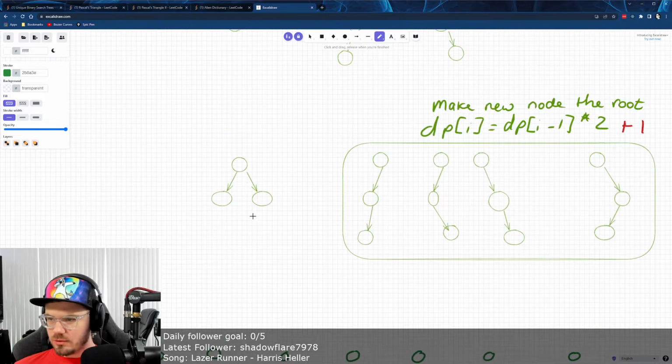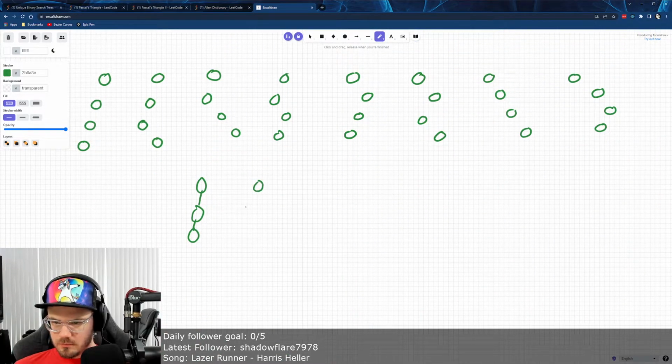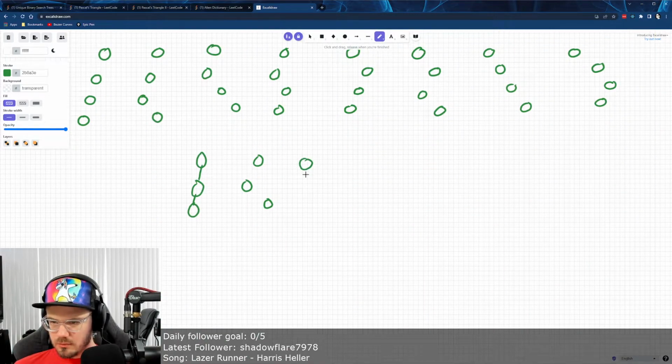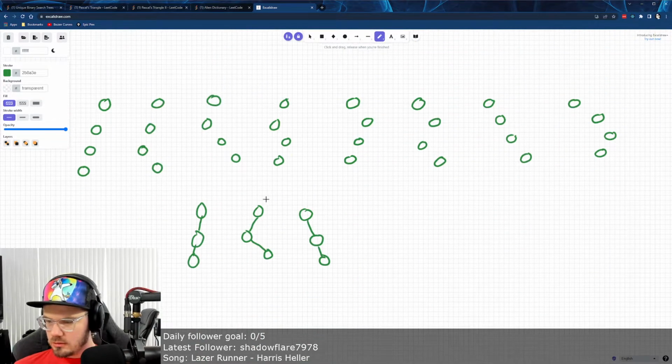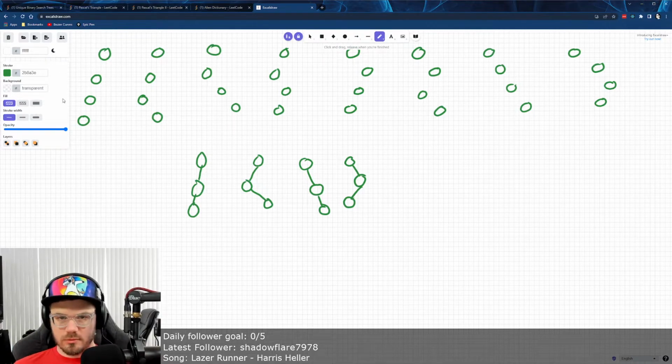Let's just draw these 4 out again real quick. We've got that one. This one. And then this one. And so let's figure out where the new node could go with a different color.